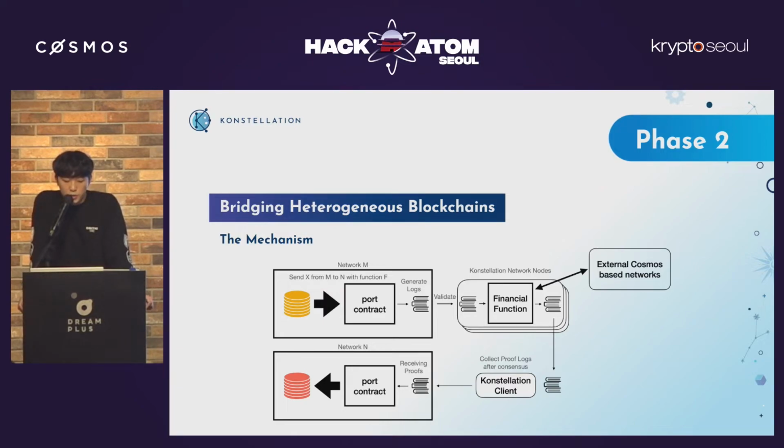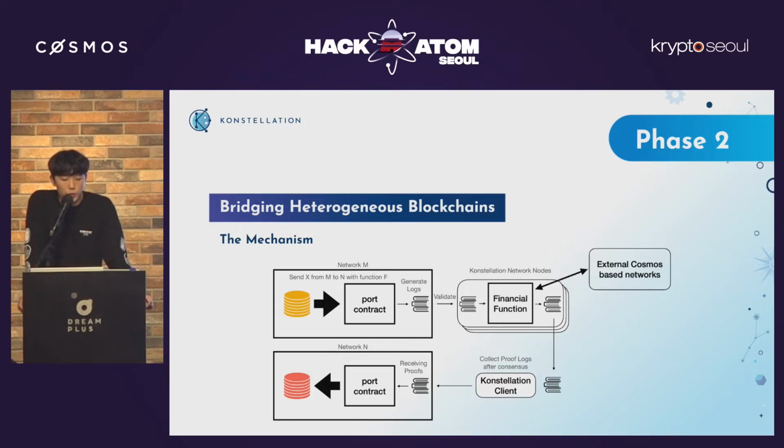So this is a somewhat detailed look at the mechanism of the bridge functionality we are aiming to deliver in the end. Here we use Konstellation nodes themselves as relayers. The scenario is a user sending Dark from a source network, which is not Konstellation, to a destination network, which is also not Konstellation.